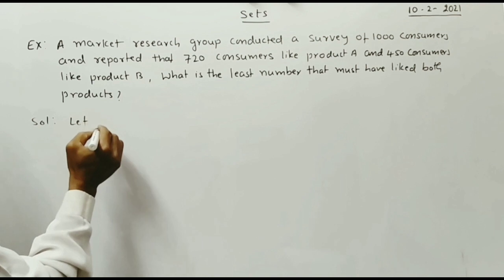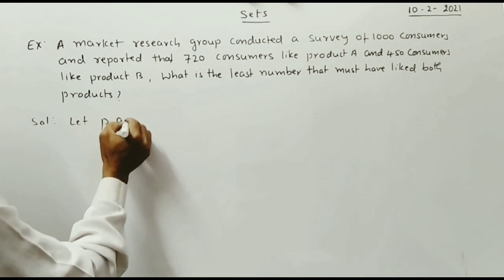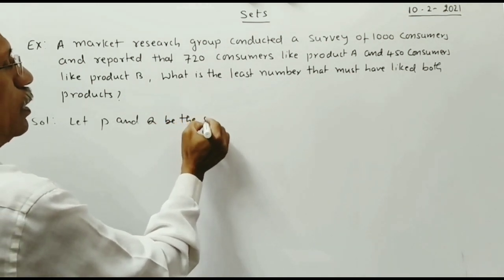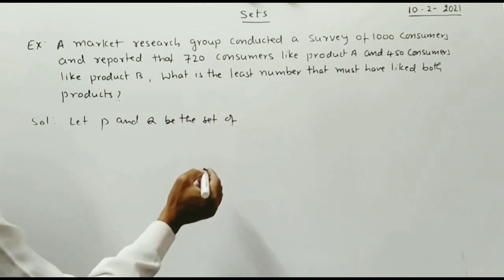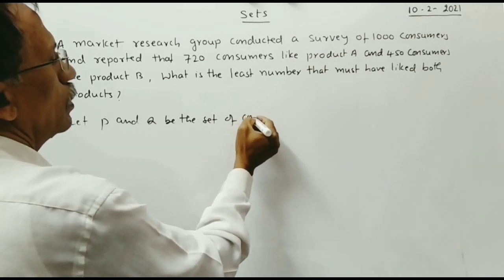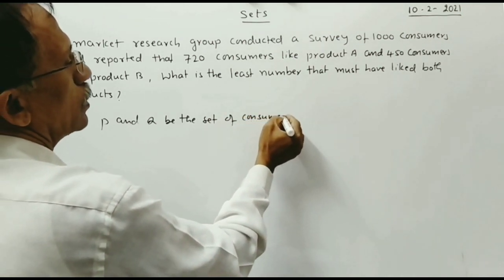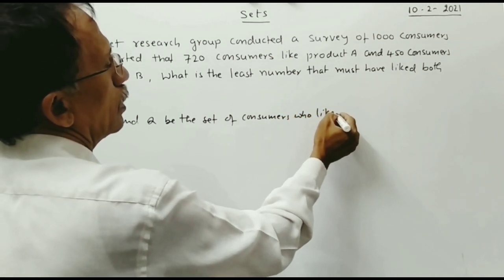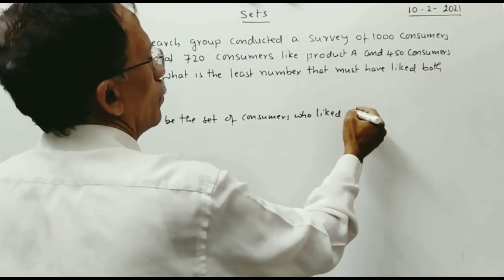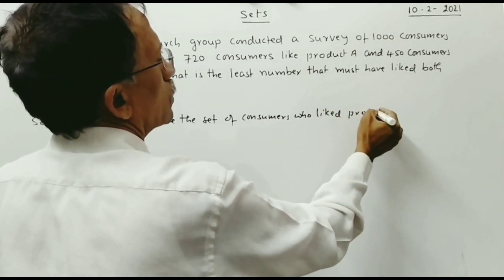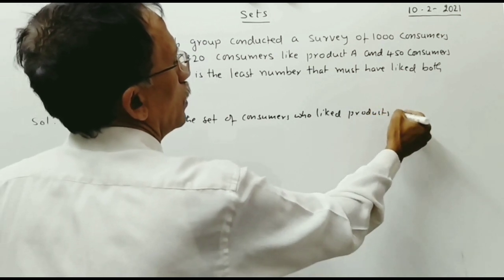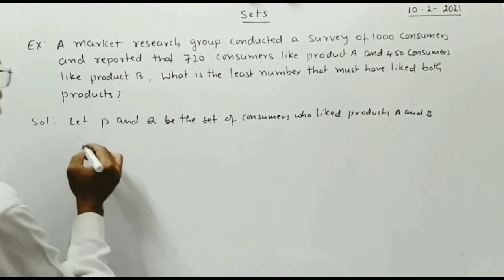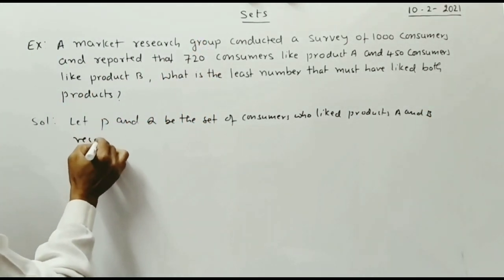Let P and Q be the set of consumers who liked products A and B respectively.